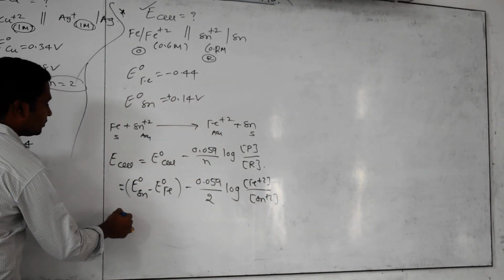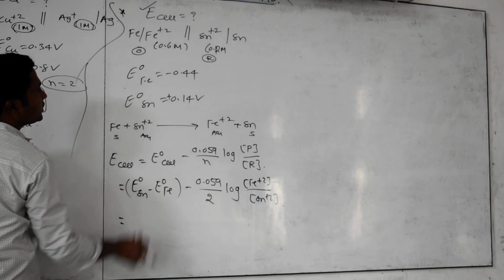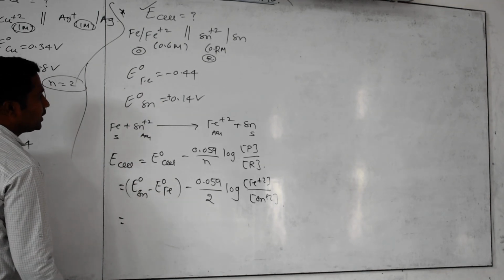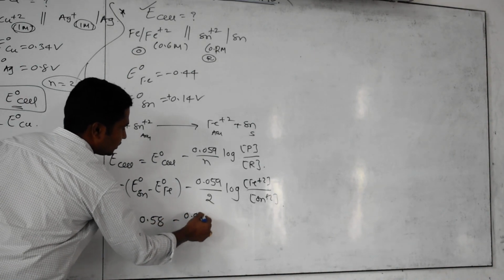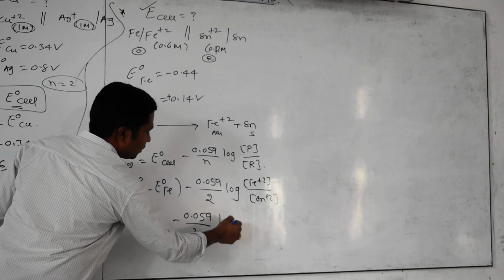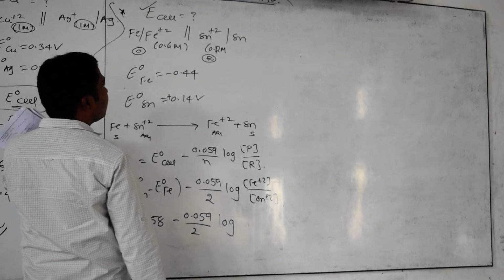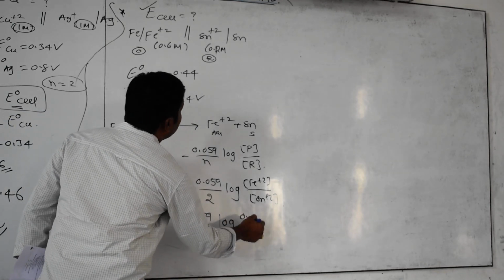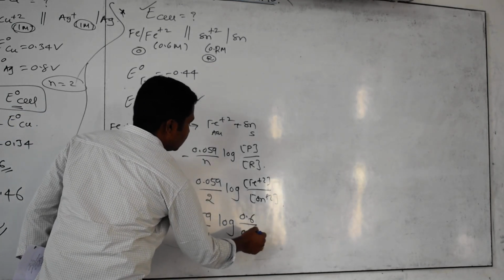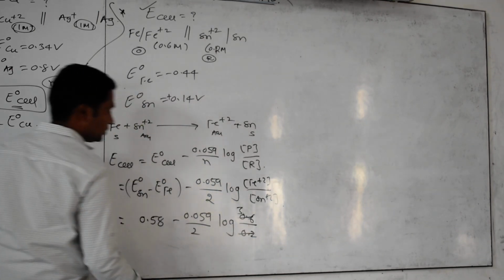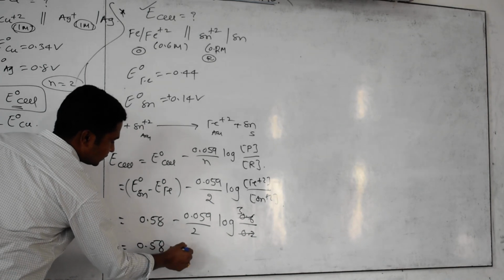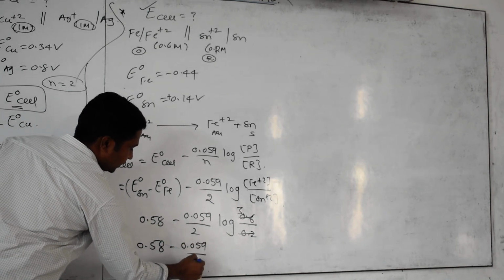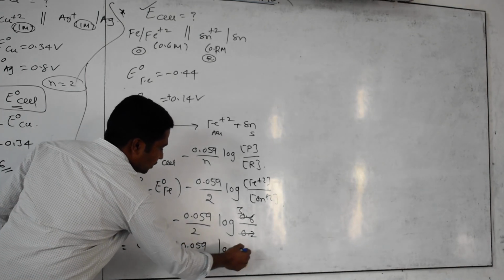On simplification, minus of minus becomes plus, 0.58 minus 0.059 by 2 into log of Fe plus 2, which will be 0.6 by 0.2, nothing but 3 times. Then 0.58 minus 0.059 by 2 into log 3.